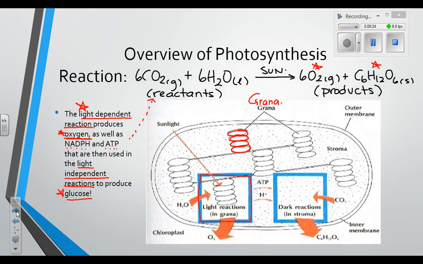In the light-dependent reaction, water goes in, just like it shows down here, and oxygen comes out. The light-independent reactions are happening not in the grana, they're happening in the stroma, the space. And in this portion, like it shows on the picture, CO2 goes in and glucose comes out.